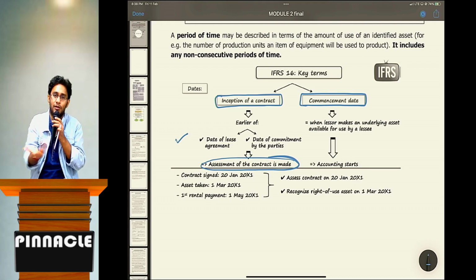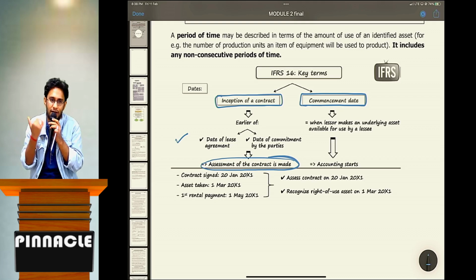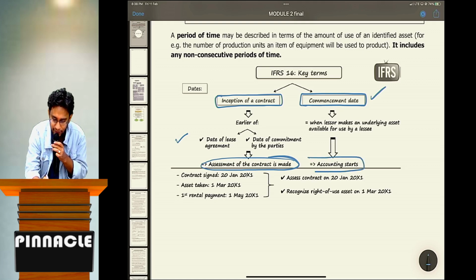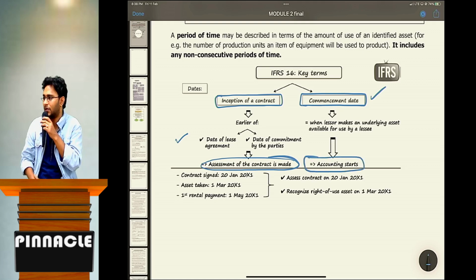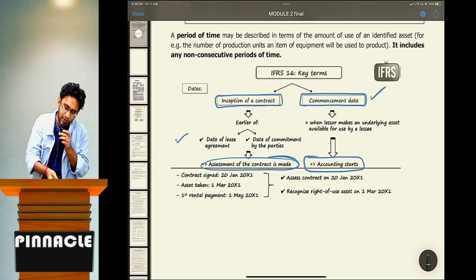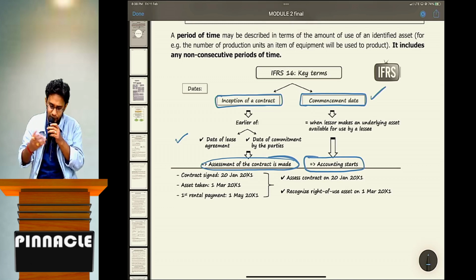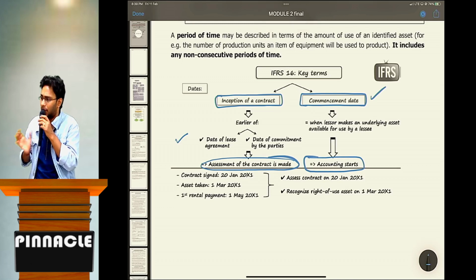In the next 3 months, maybe you will manufacture and you will give the asset to me. Accounting will be done on the commencement date. Here accounting starts. For that purpose, commencement date is relevant. So 2 dates, sir, inception date and commencement date. Inception date is just for evaluation whether the contract contains a lease or not. Commencement date is for your accounting purposes.